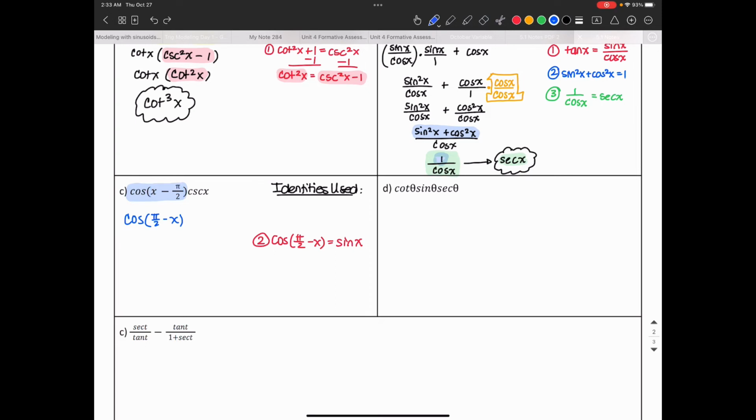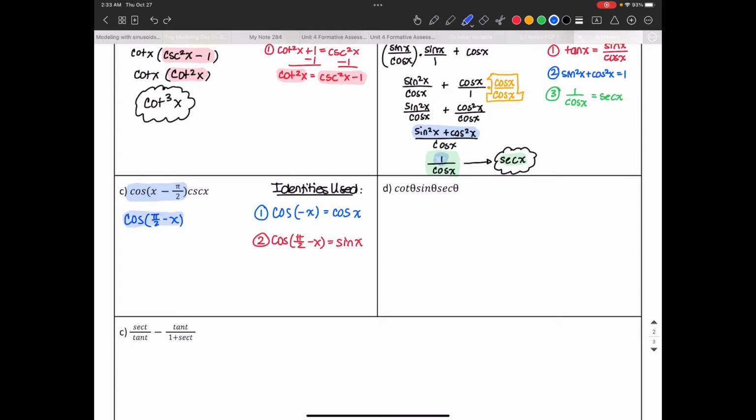That stems from the fact that cosine of negative x gives me the same thing as cosine of positive x, because cosine is an even function. So I can just change what's inside to its opposite, and it means the same thing. So that's what I am going to do.